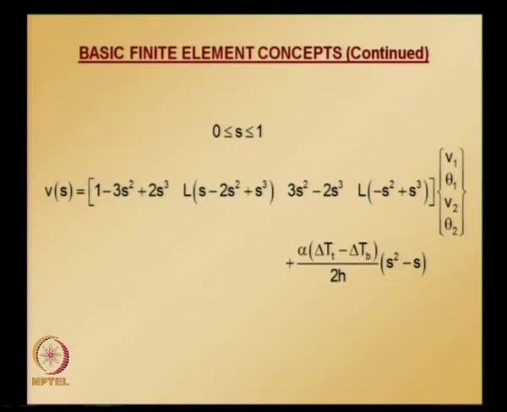So applying the condition that transverse displacement V is equal to 0 at s equal to 1 and s equal to 0, and integrating the curvature equation twice, we get the fixed end solution, which acts like a correction term, and that is what is written there as the second term, a correction to the transverse displacement obtained from finite element interpolation.